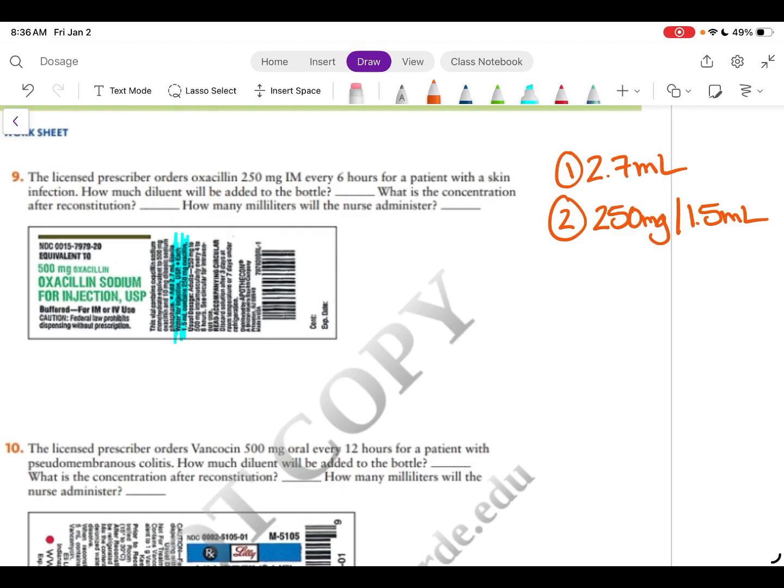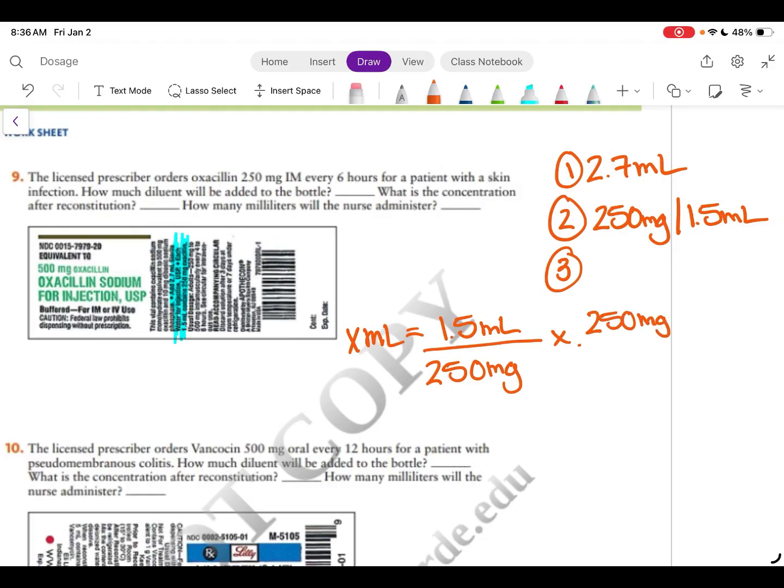It's a bit of a weird one, but we'll just go with it. Then, as the previous questions have asked, how many milliliters will we give? So X milliliters, using the concentration we just figured out from the label. Our order is 250, so we're going to give 1.5 milliliters.